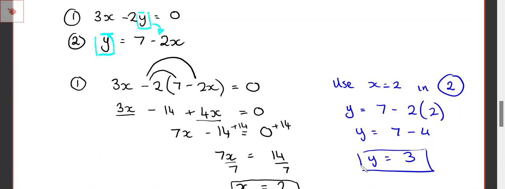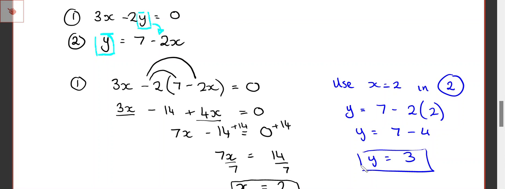Why do we have to check it with both of them? It's not that it's not going to be correct. It might not be correct. So, for instance, if I use number 1 to find x, and then I use number 1 again to find y, which is perfectly acceptable, there is a chance if I made a mistake that it will work with number 1, but it won't work with number 2.